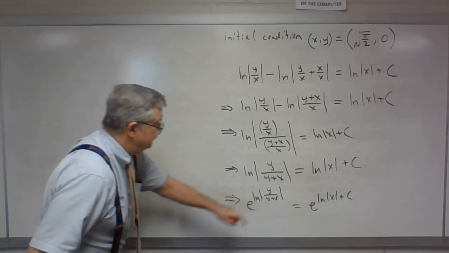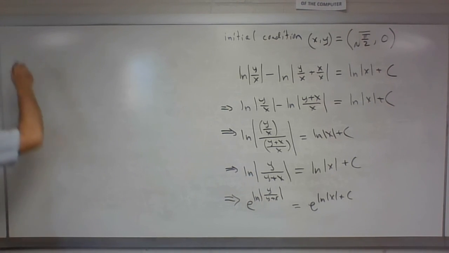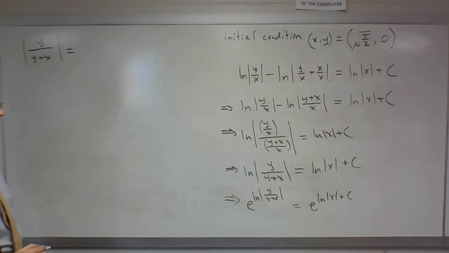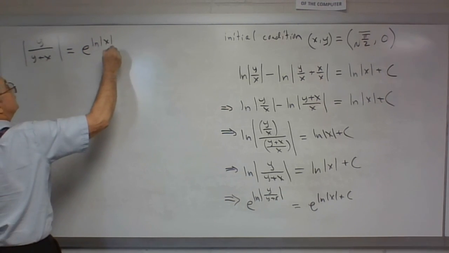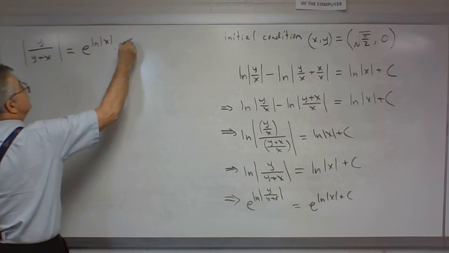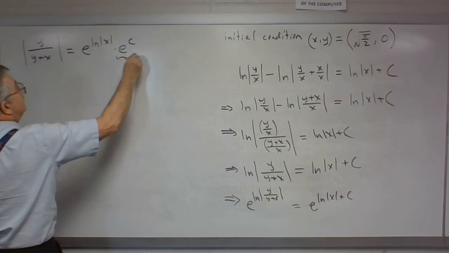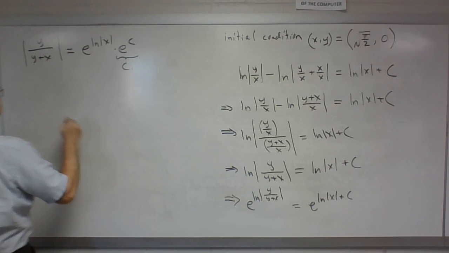And the left-hand side becomes y over y plus x. And the right-hand side becomes e to the natural log of x times e to the c. And e to the c is just a constant.